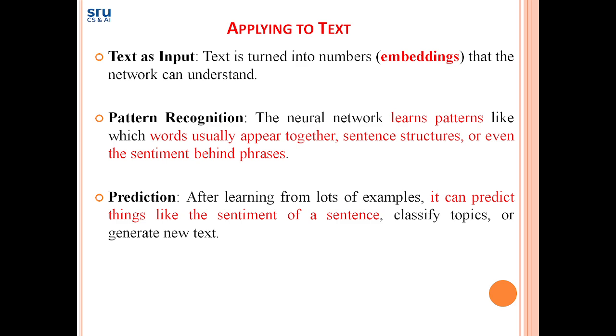Pattern recognition: the neural network learns patterns like words that usually appear together, sentence structure, or even the sentiment behind phrases. Prediction: it can predict things like the sentiment of a sentence.